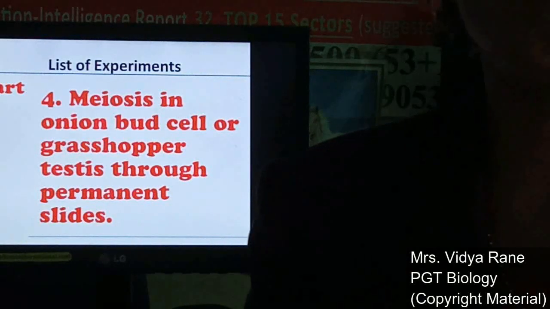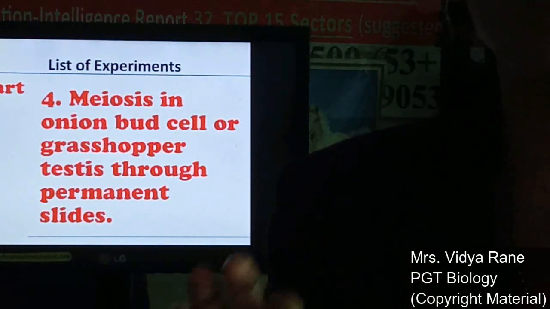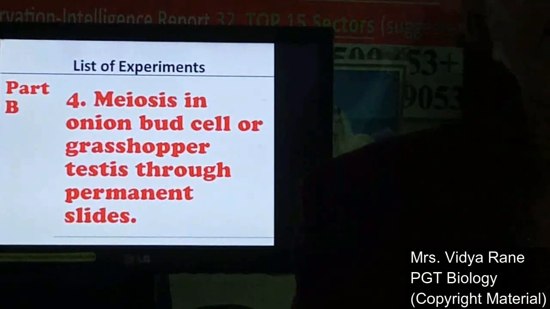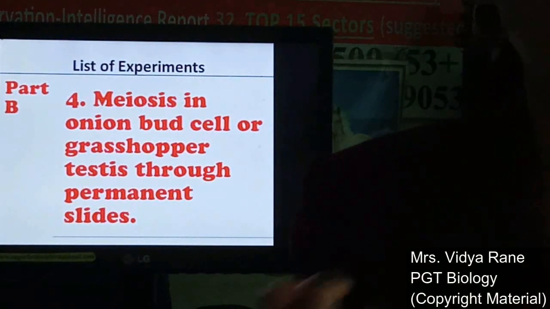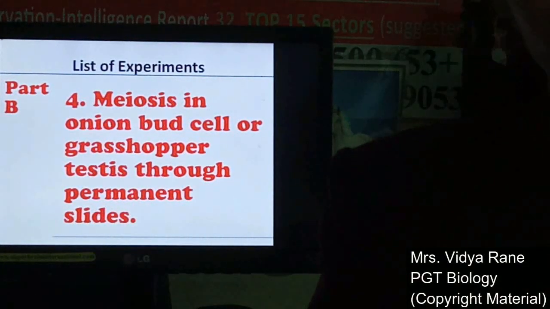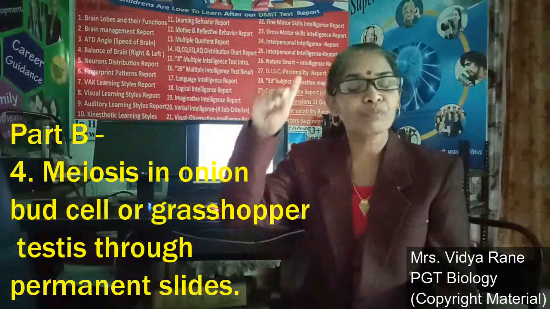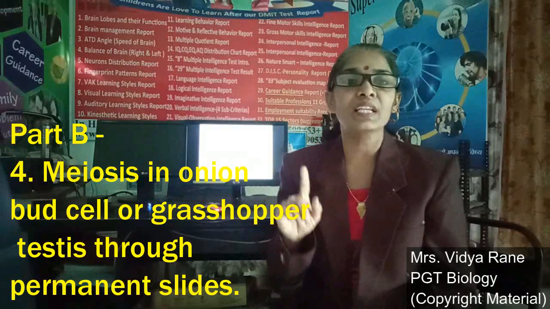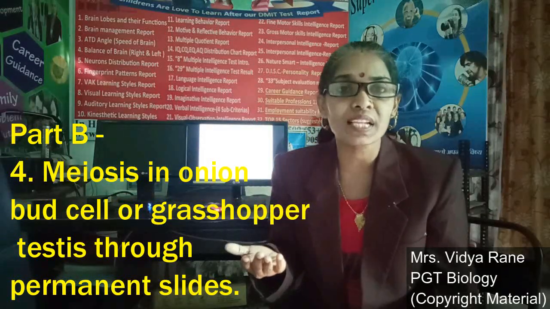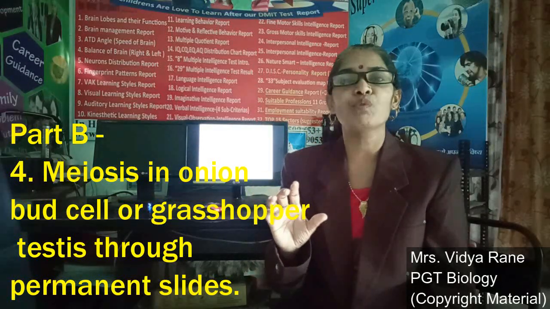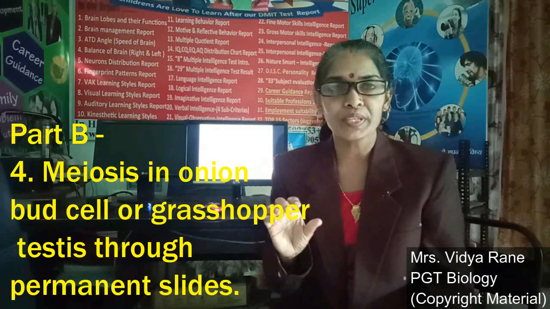Your experiment number 4 is meiosis in onion bud cell or grasshopper testes through permanent slides. Remember that mitosis we studied in part A. There you had to prepare your own slide and the plant material was the root tip of onion.